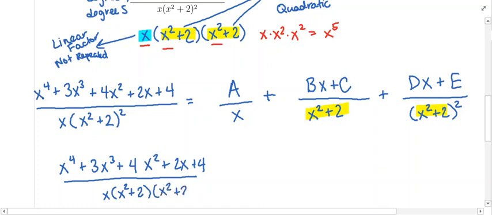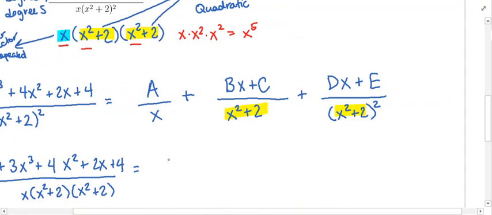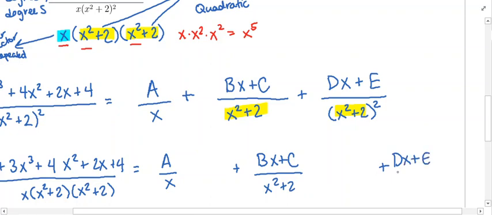It might be a little clearer if I do that. And then I'm going to try to separate these out. We have a lot going on here, so it's going to be hard to spread it out, but I will try. Then give myself some room: dx plus e over this quantity. Lots going on here.